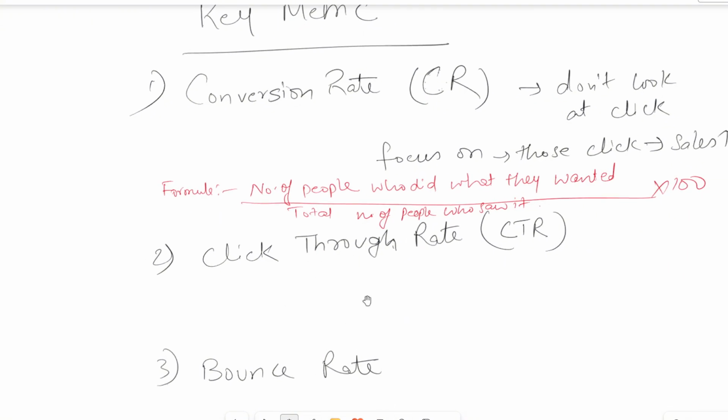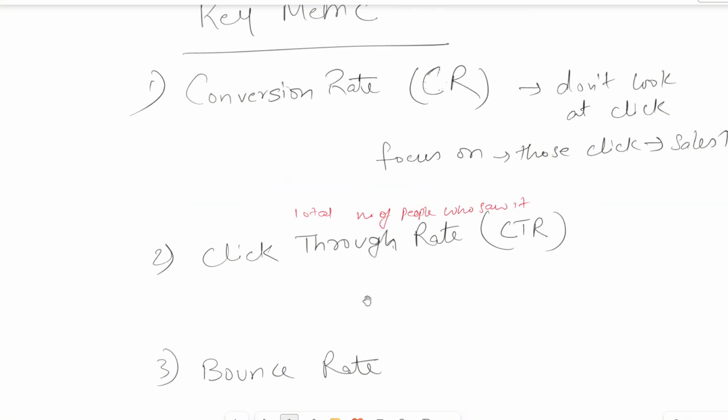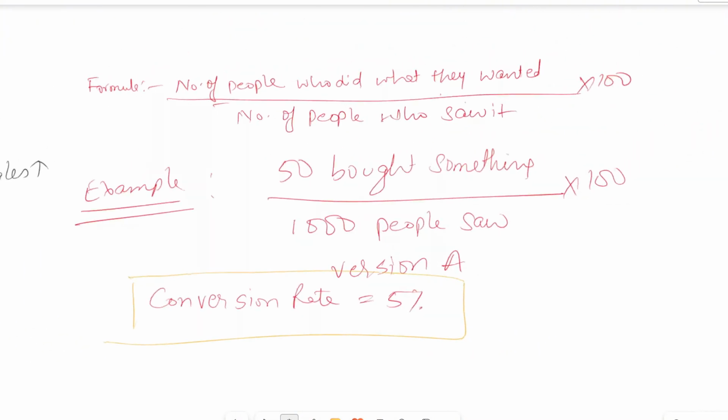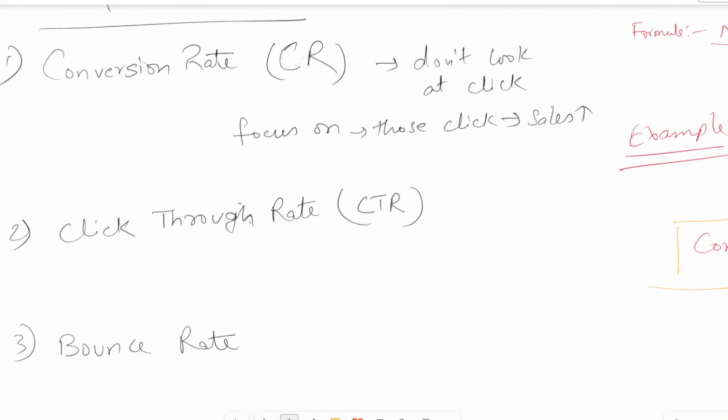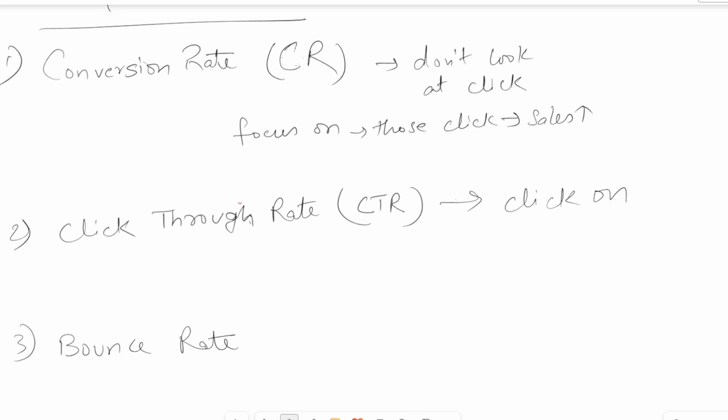Similarly, click through rate, CTR, that is also an engagement number. The percentage of people who clicked on some specific button, link, email, advertisement, or others. And how we can calculate it?